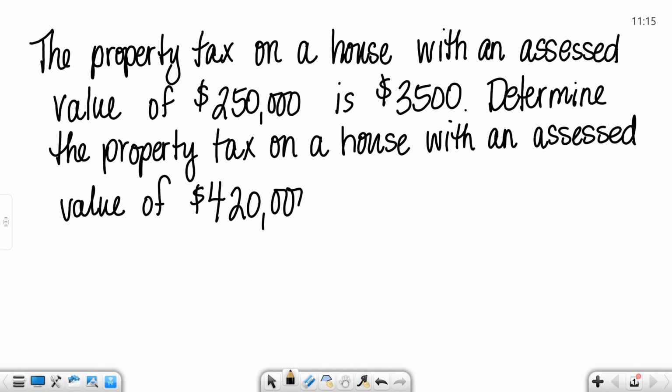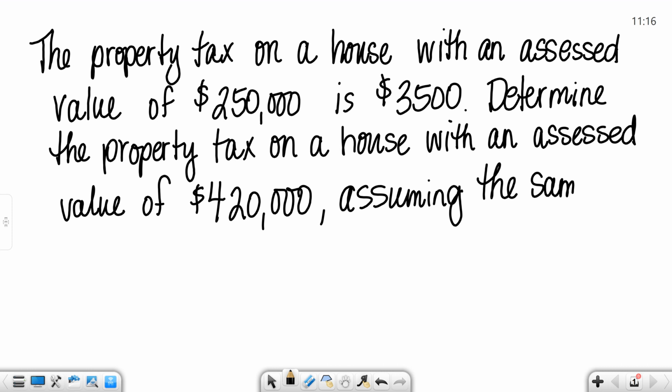So we got a new house, we upgraded here, assuming the same tax rate. Okay, so the property tax on one house is $3,500. We're looking for the property tax on some other house. This is a great example of using a proportion to solve.